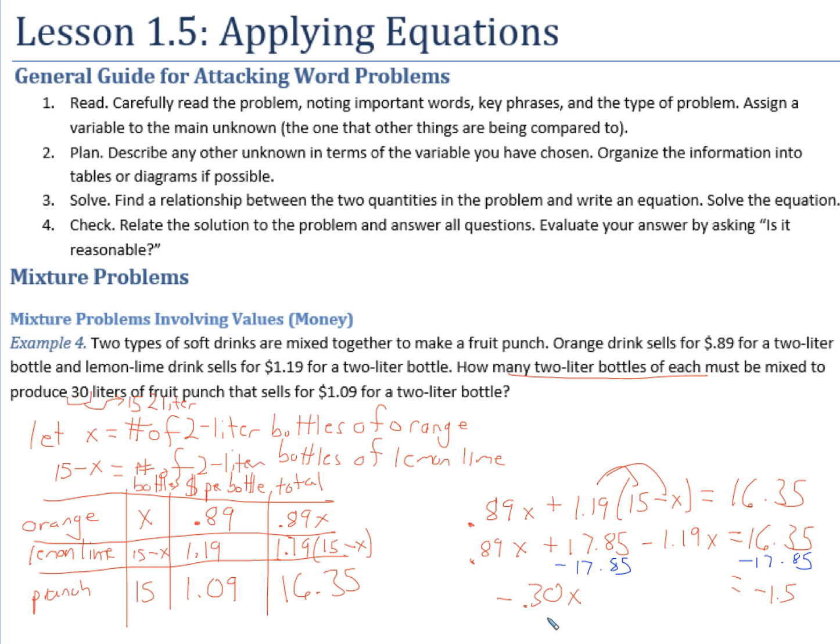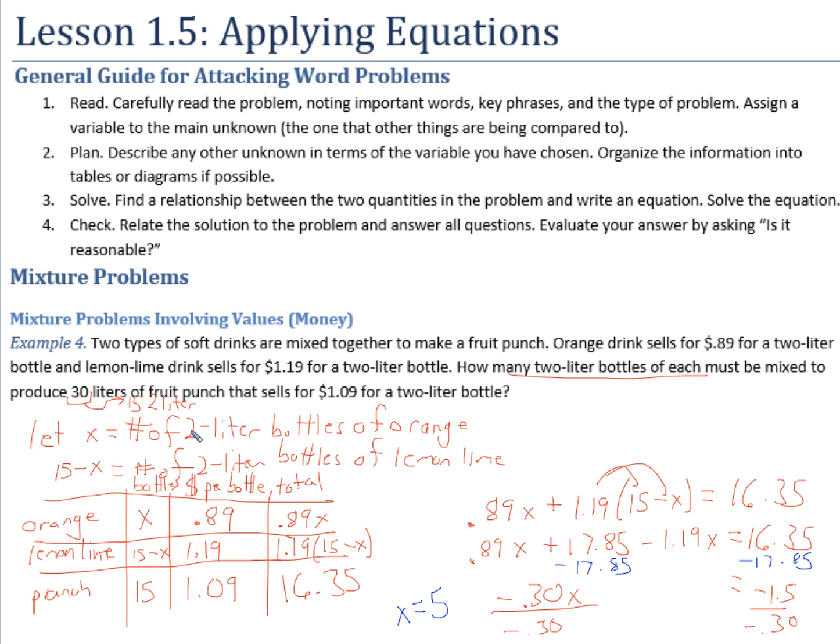Go ahead and divide both sides by negative 0.3. You don't really need the 0. And we get x is equal to 5.